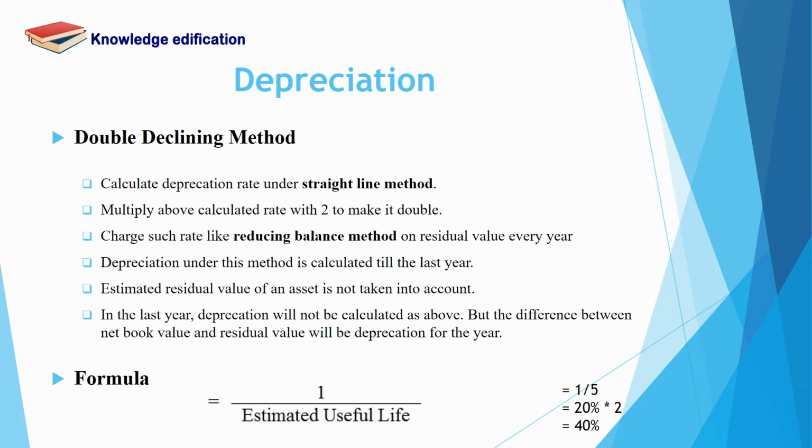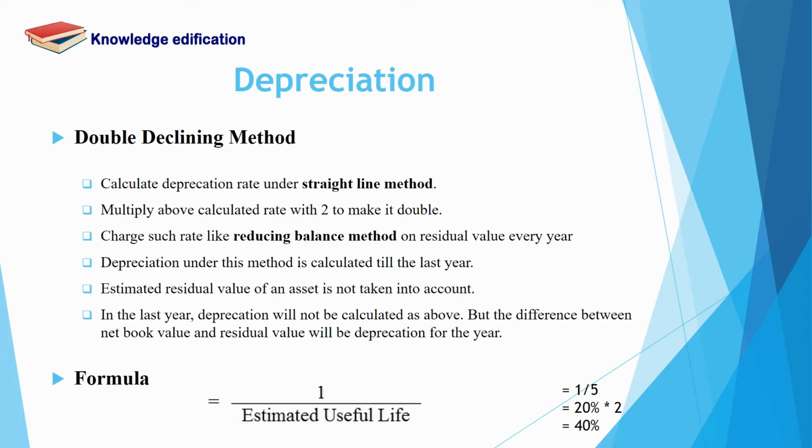Charge such rate like reducing balance method on the remaining book value every year. Depreciation under this method is calculated till the last year. Estimated residual value of an asset is not taken into account. In the last year, depreciation will not be calculated as above, but the difference between net book value and residual value will be the depreciation for the year.